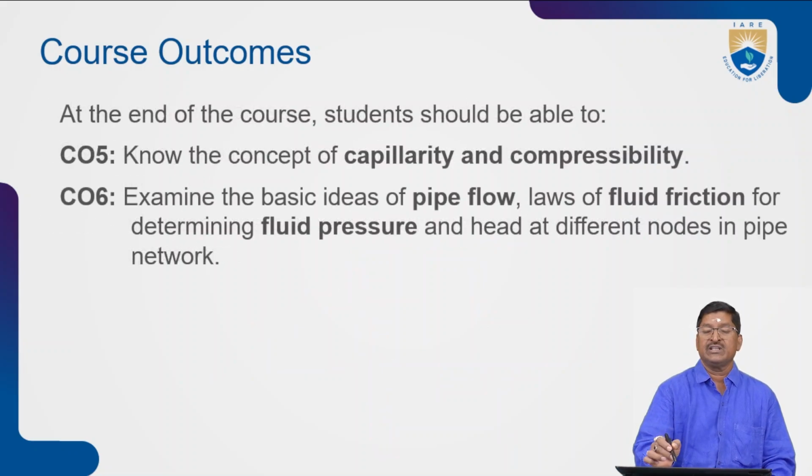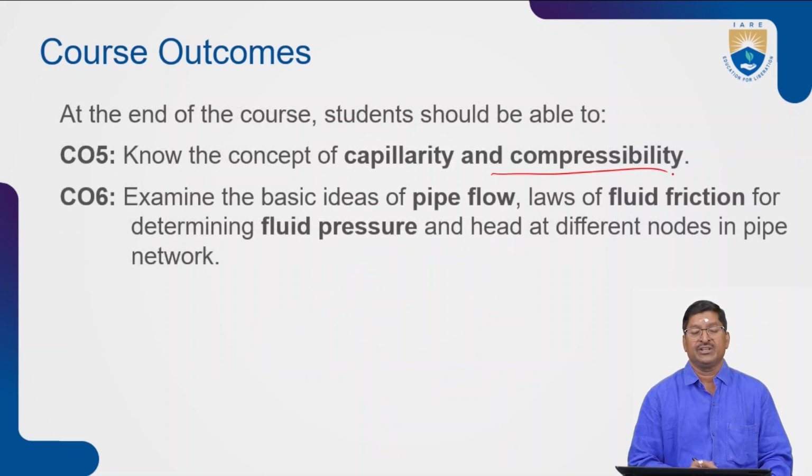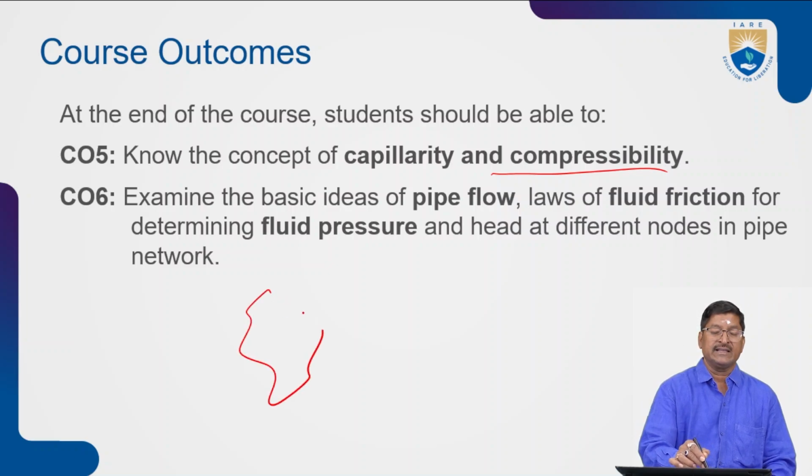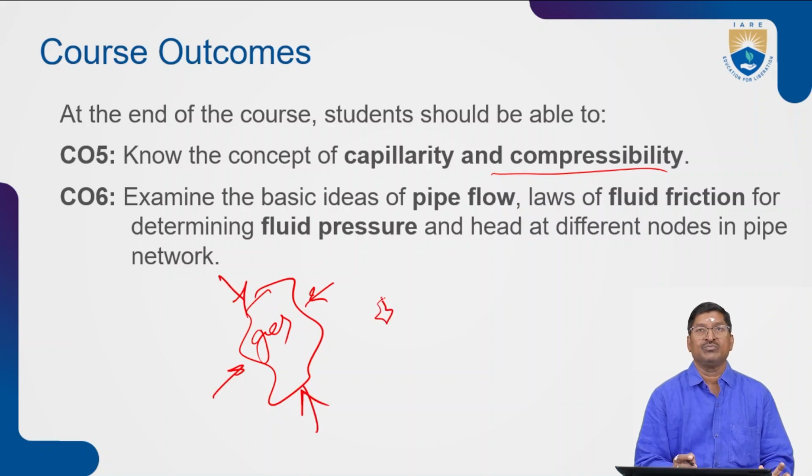And course outcome 5 is the compressibility. If you take a gas and apply any external force over it, it will become smaller in volume. If volume changes, those fluids are called compressible fluids.